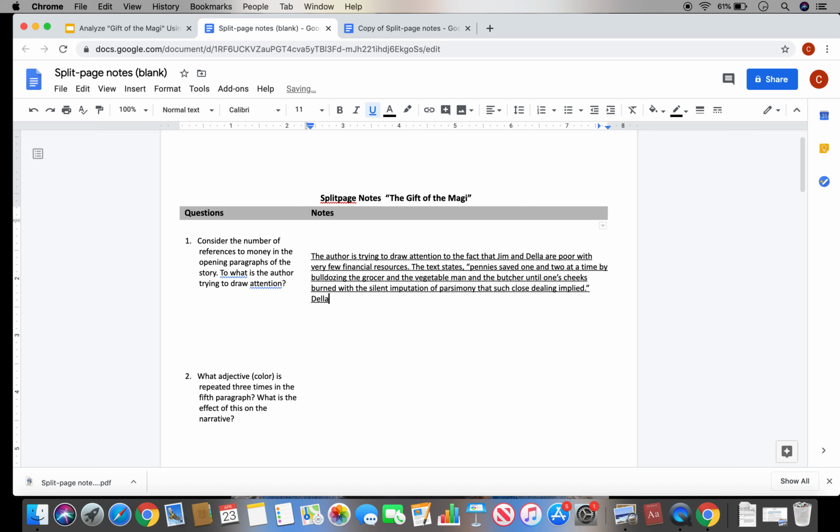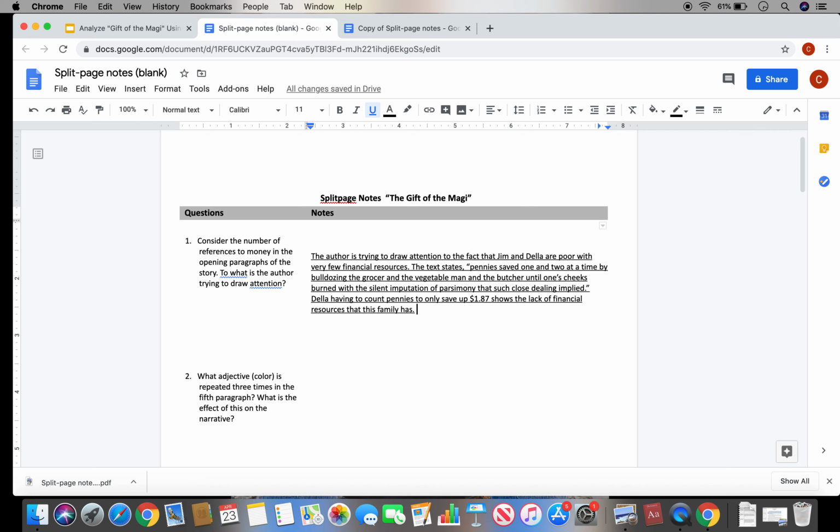So Della having to count pennies to only save up $1.87 shows the lack of financial resources that this family has.